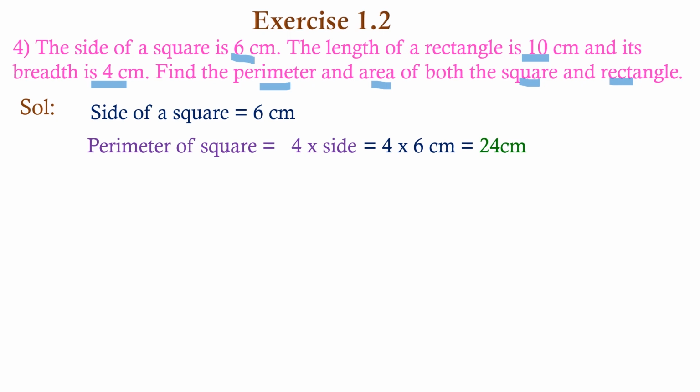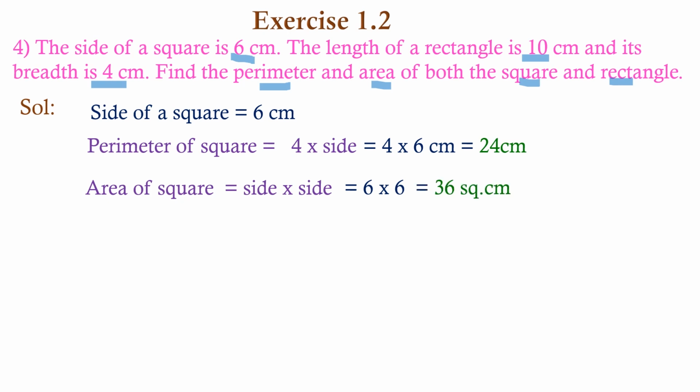So perimeter of a square is 24 cm. Now area of a square equal to side into side. Substitute the value of side. Then 6 into 6. 6 6 are 36 square centimeter. Now we find out the perimeter and area of a square.